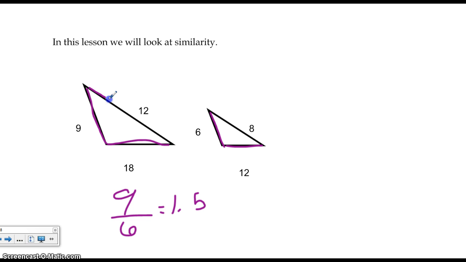And when we take 12 and divide it by 8, we want to make sure that it happens for every corresponding part of the triangle, not just two of them, but all three, to prove that they have side-side-side similarity. Each ratio is 1.5, therefore the sides are proportional. These triangles are similar because the corresponding sides are proportional. So we look at that ratio value.